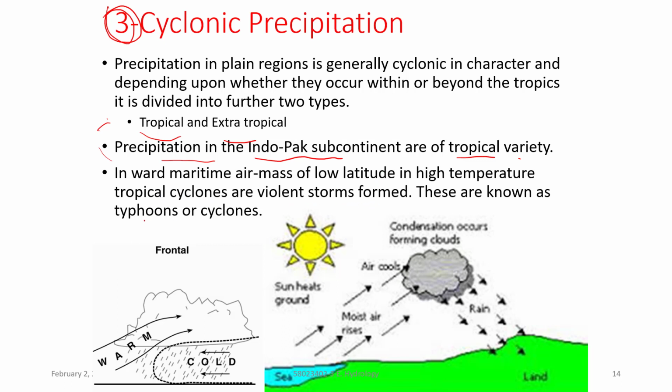These are known as typhoons or cyclones. Of course, in some cases, the monsoon air is accompanied by the typhoon. But here is how the precipitation happens, as you can see from this figure.